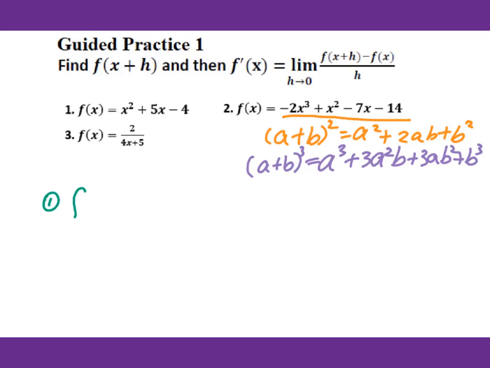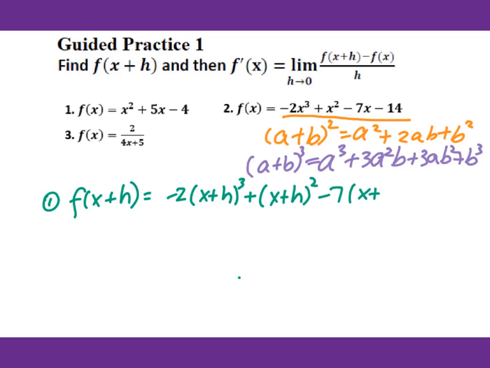Therefore, first step, we're working on f(x + h). Every single x, I change into x + h. You will get negative 2(x + h) third power + (x + h) squared - 7(x + h) - 14.